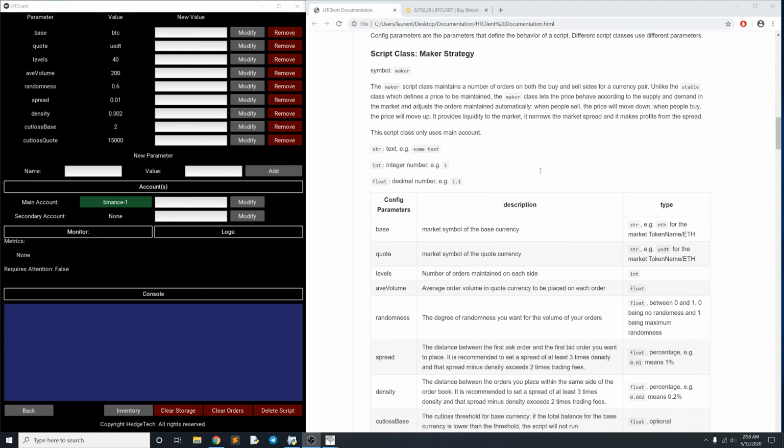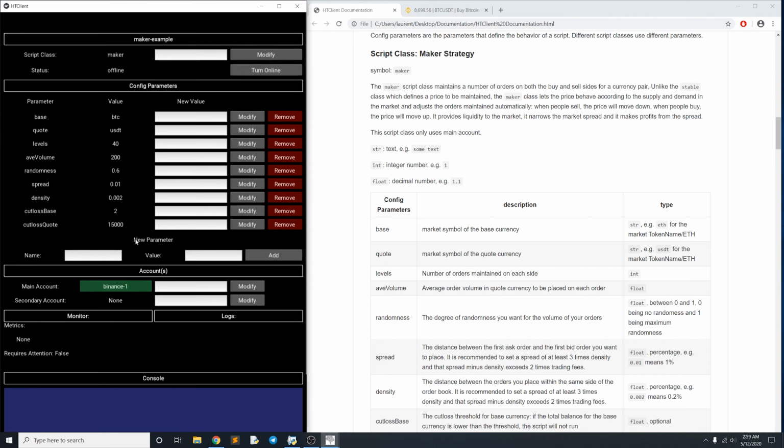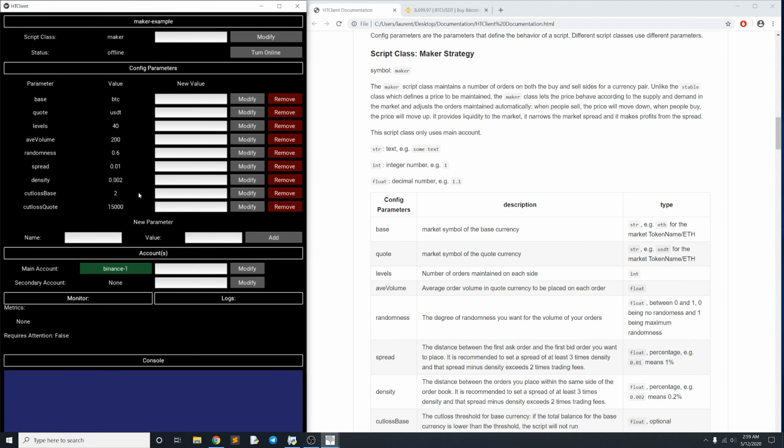There's also an objective to preserve inventory, meaning that when the price goes up and down, or down and up, or in other terms it fluctuates within a given range, you're going to make profits from the spread. However, I want to point out that this is not a profit-oriented strategy, but rather, as I said in the beginning, it's a strategy that is going to provide liquidity and narrow the spread.